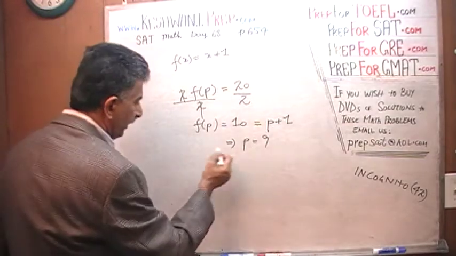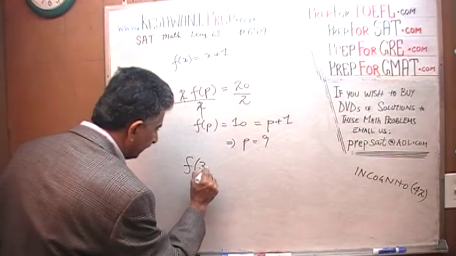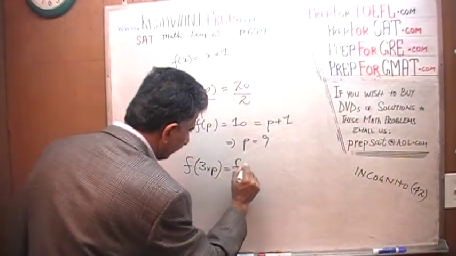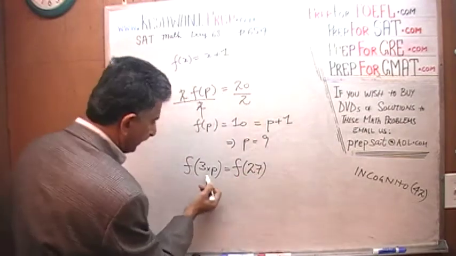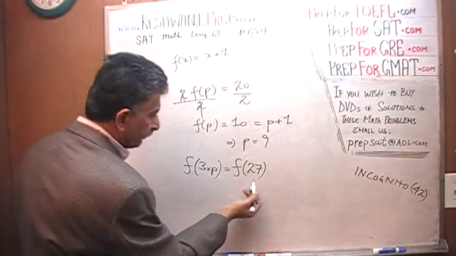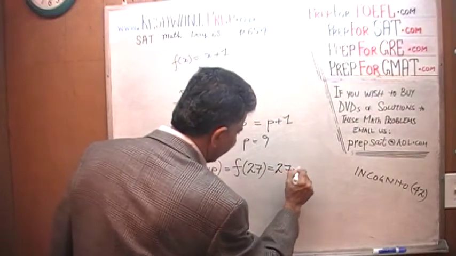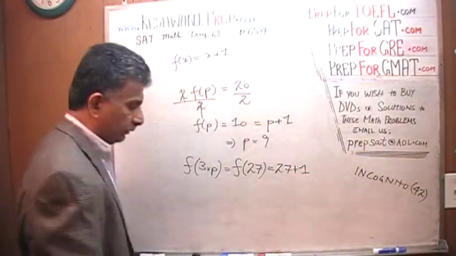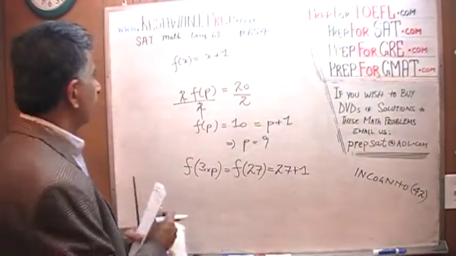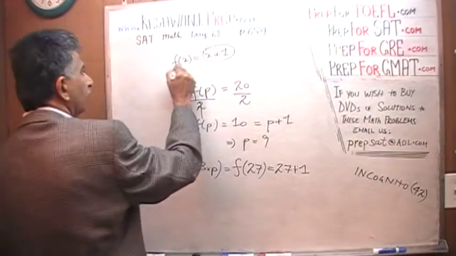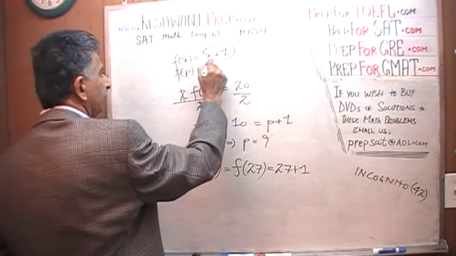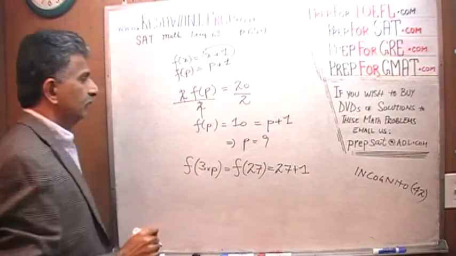Well, if p is equal to 9, f of 3p is going to be the same as f of 27, 3 times 9. F of 27 is simply 27 plus 1, because the function is simply x plus 1. So f of p is simply p plus 1.